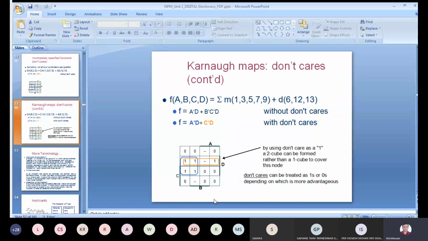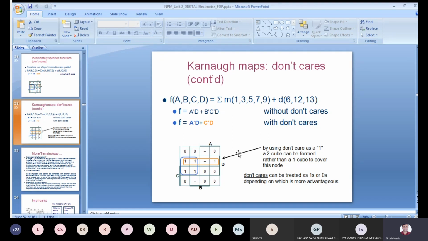Are you getting this point? So without don't care sign, I am getting an equation like this. After don't care sign, I am getting an equation like this. So here I have reduced variable b. Whenever I reduce one variable, my equation simplifies, and that is directly proportional to the cost as well as the simplicity of the circuit.